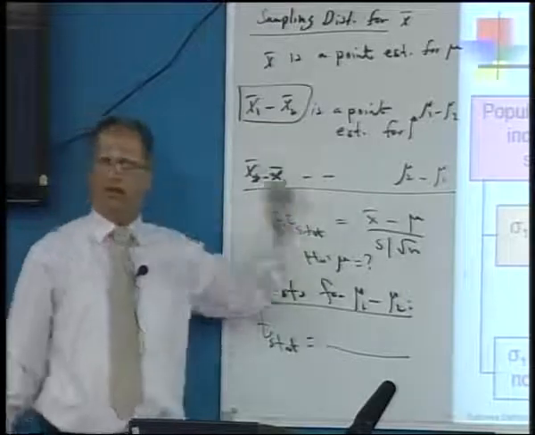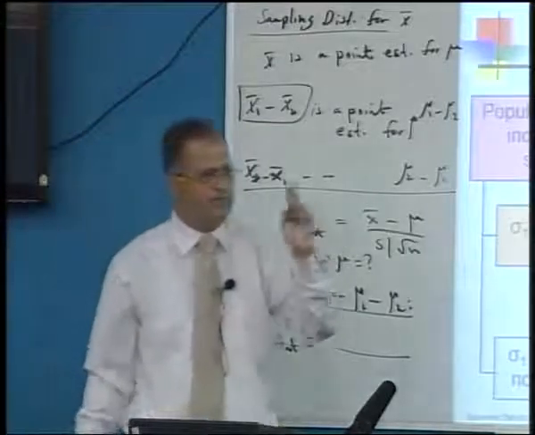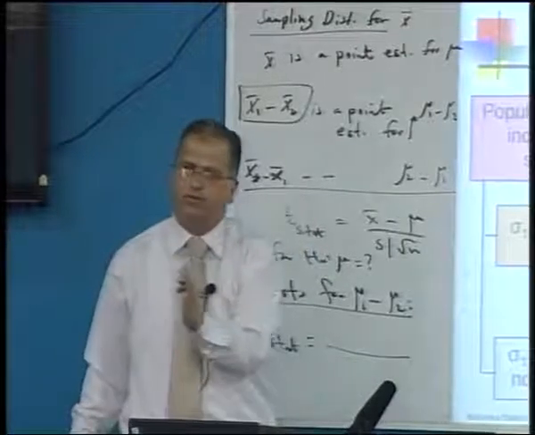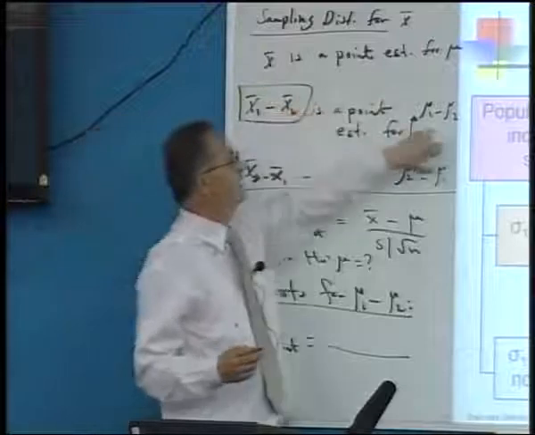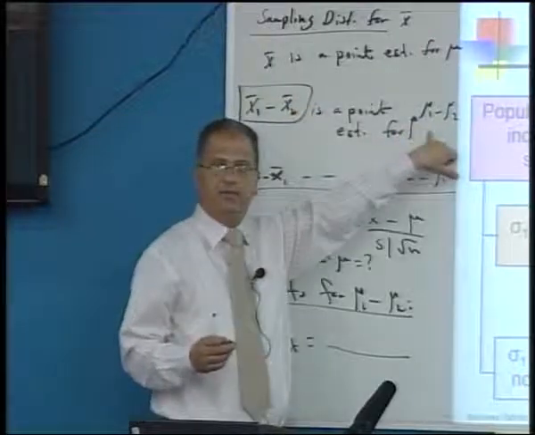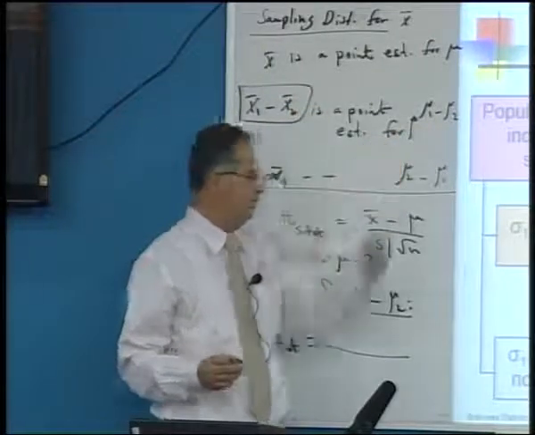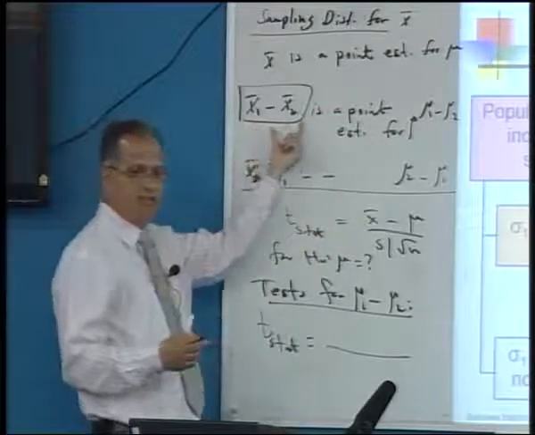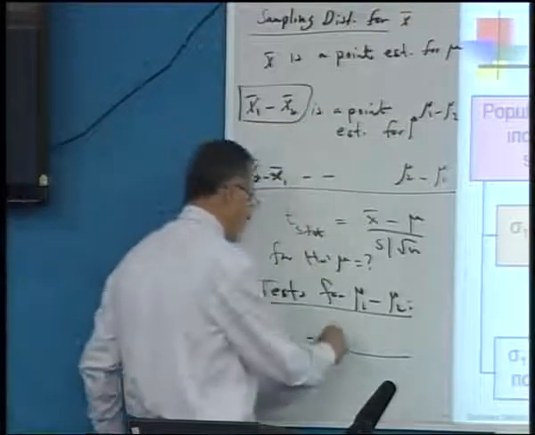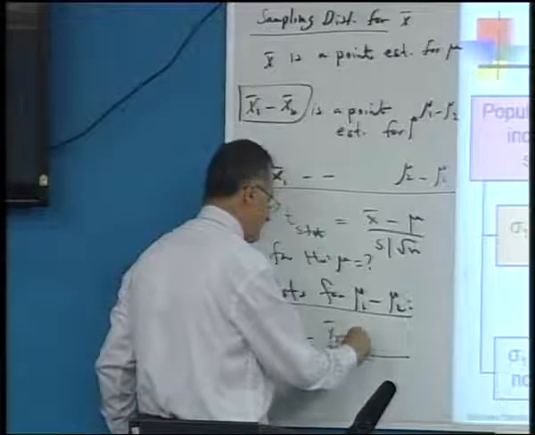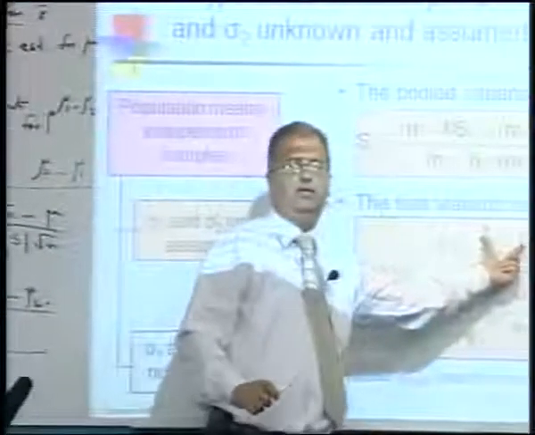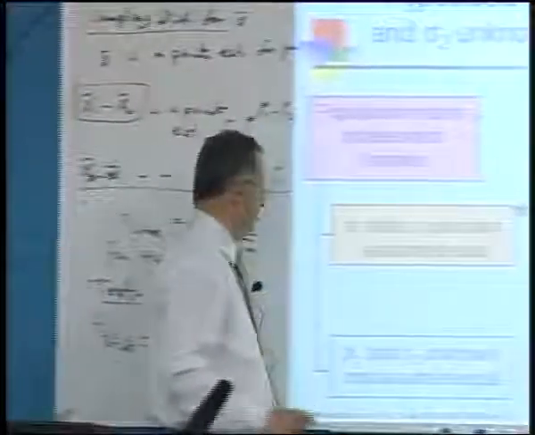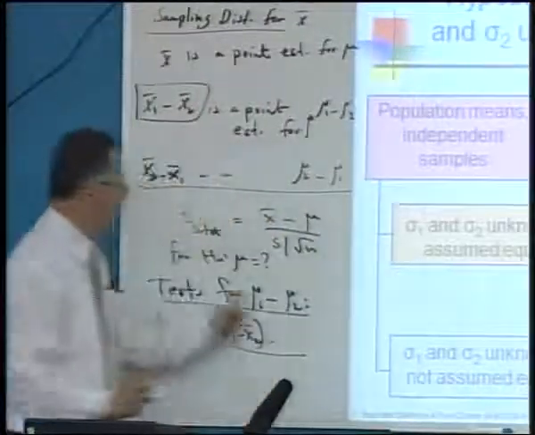For one sample we have only a point estimate, x bar is a point estimate for mu, but when we are talking about the difference between two population means, the point estimate is x1 bar minus x2 bar. So here I should have x1 bar minus x2 bar. This is the first term in this formula, minus. Before, we had minus mu.